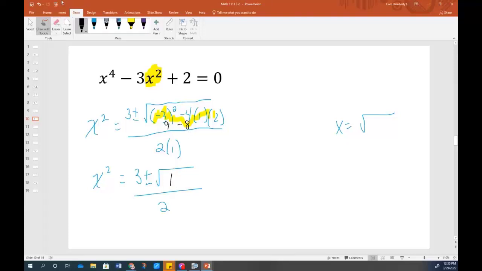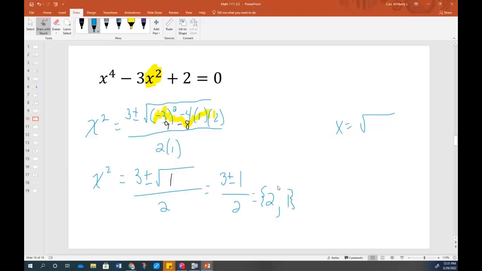Hey, that's handy. Now the square root of 1 is 1. That is 3 plus or minus 1 over 2, which gives me 2 answers. 3 plus 1 is 4. 4 over 2 is 2. 3 minus 1 is 2, and 2 over 2 is 1.